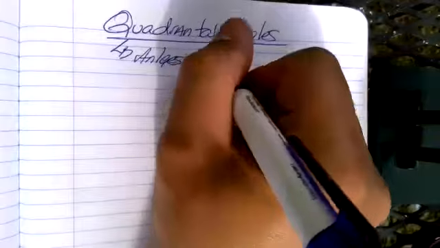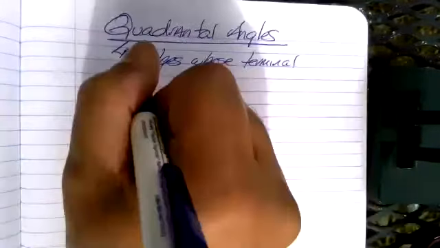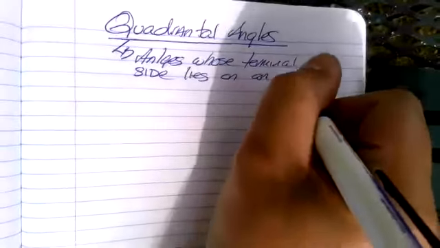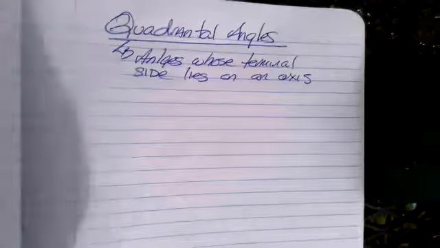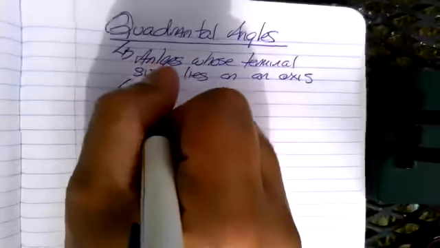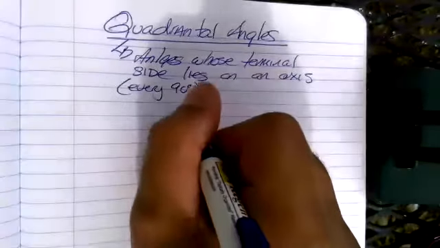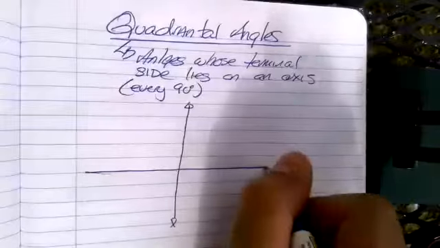angles whose terminal side lies on an axis. Right? And how often does this occur? It happens every 90 degrees. Right? You're familiar with quadrantal angles. You've seen them before.